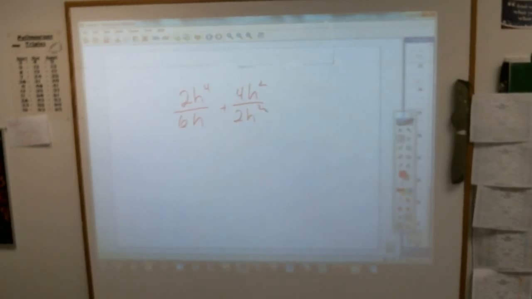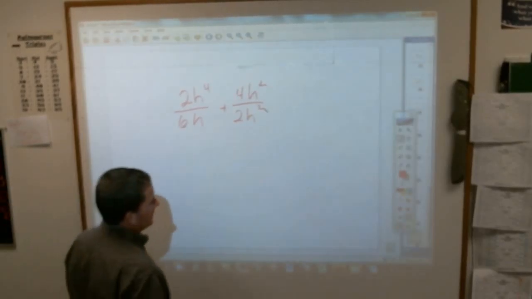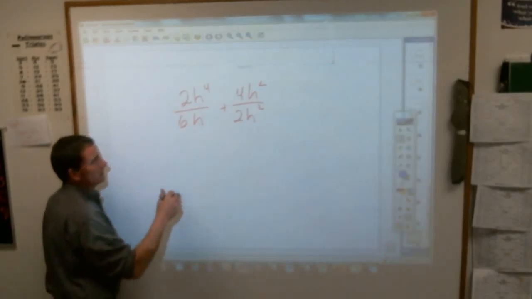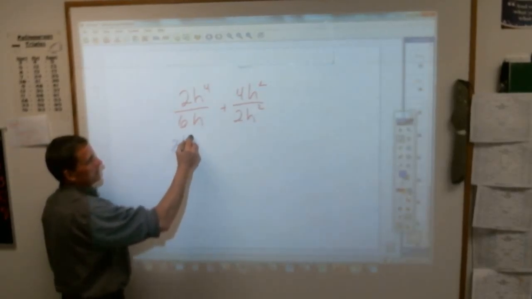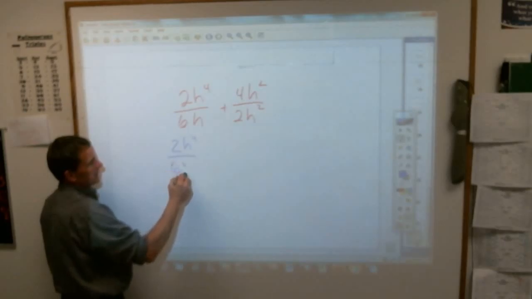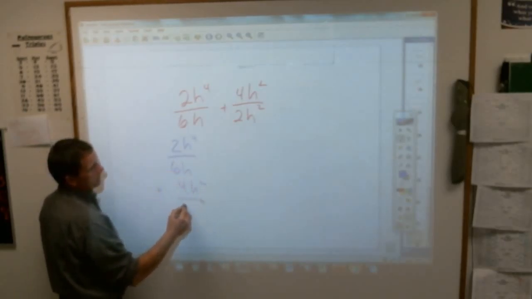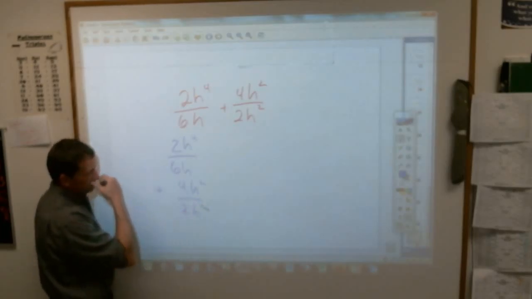Ready? Because here's where we have to start thinking here. Besides the fact that you could actually simplify both those, we're not going to go there, but we're going to do it there. I'm going to write it up and down first. 2h to the 4th over 6h plus 4h squared over 2h squared.